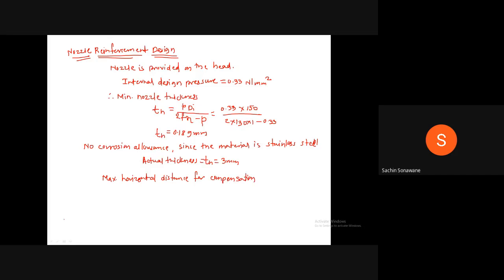For compensation, that is AB is equal to 2D. D means diameter of the nozzle, which is equal to 2 into 150, which is equal to AB is equal to 300 mm.